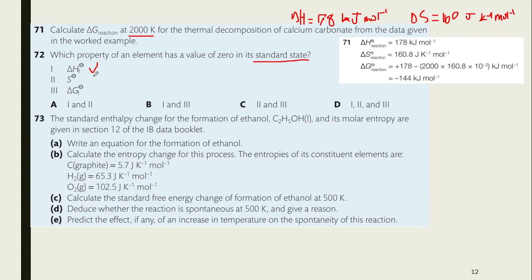Every element has its own value. So that's a no for entropy. And then we just introduced our Gibbs free energy of formation, which is very similar to enthalpy of formation. So those elements have a value of 0 in their standard state, giving us 1 and 3 as true. So our answer is letter B.